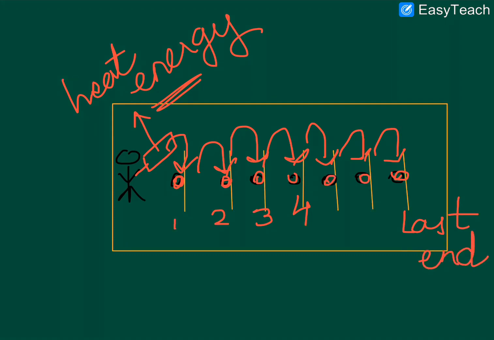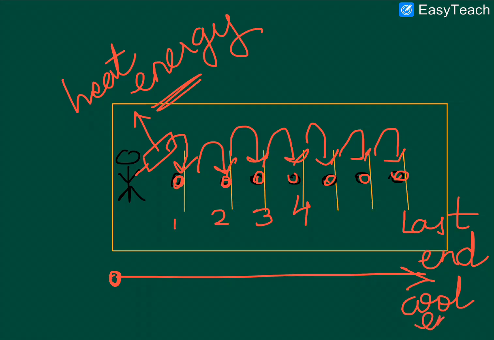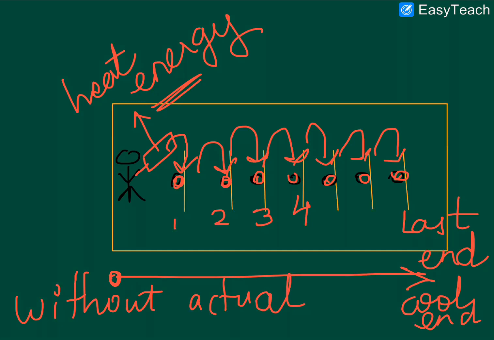So we can see here that the heat energy from this end reached the last end, which can be considered the cool end, without the actual movement of any student.